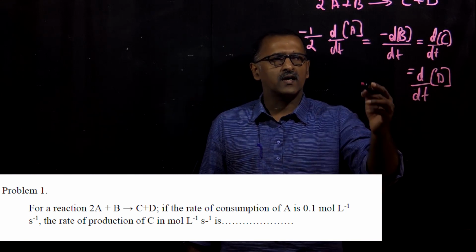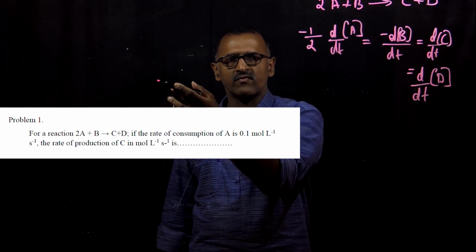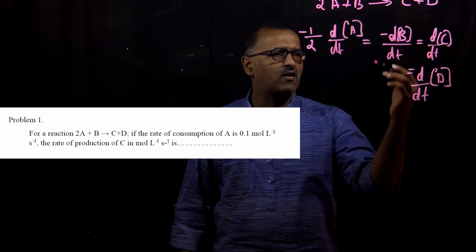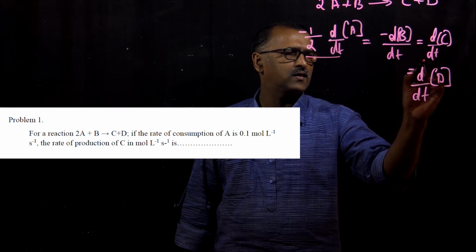It is given in the problem that the rate of consumption of A is 0.1 mole per liter, and the question is what will be the rate of production of C. So that means we can equate this one and this one.